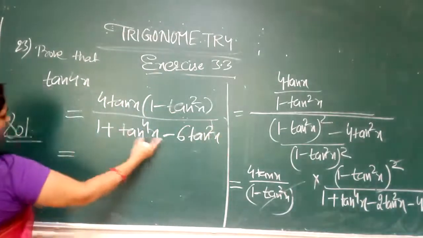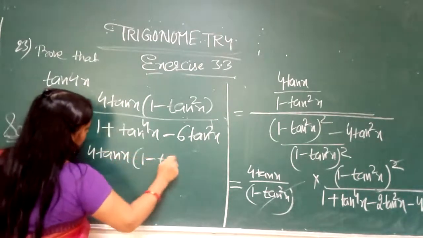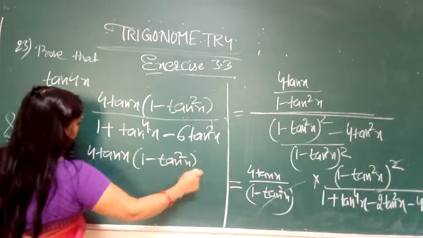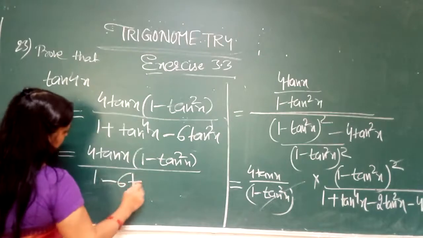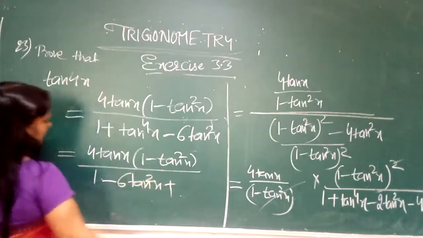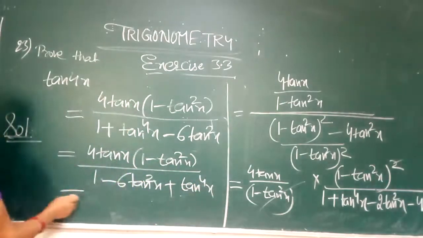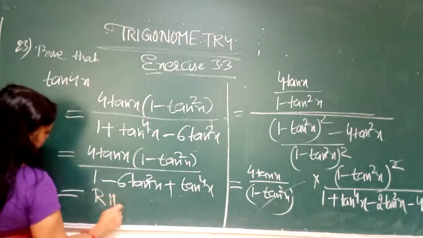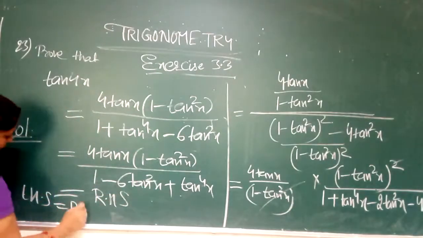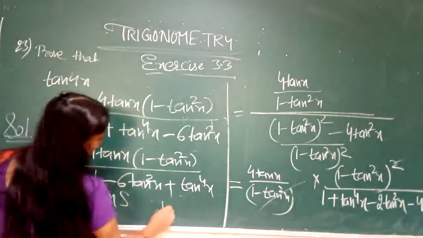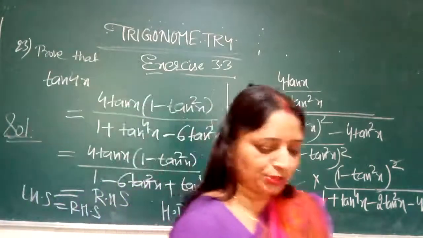So the same term we can write: 4 tan x into 1 minus tan square x upon 1 minus 6 tan square x plus tan raised to power 4 x, that is equal to RHS. Hence LHS is equal to RHS, hence proved. So this question is also very important. So note this question students.